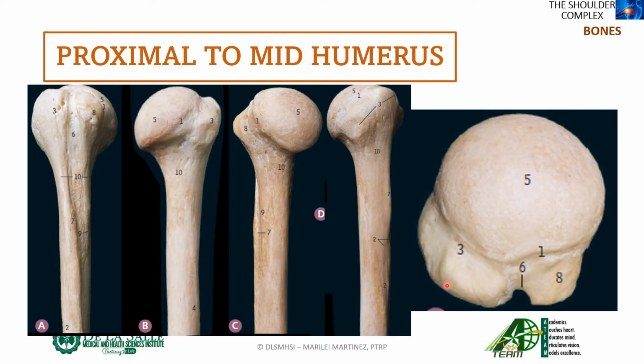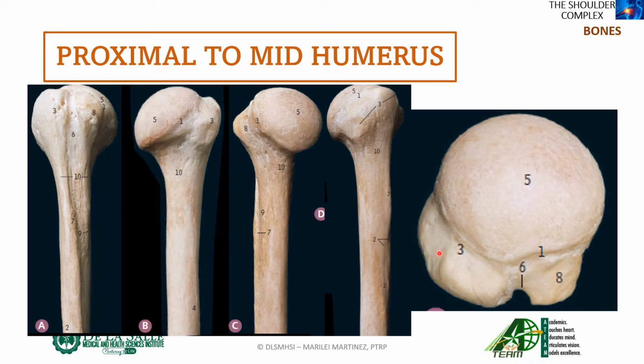If we look at the superior view of the humerus, this is the humeral head, this is the bicipital groove, then this is the lesser tuberosity, and this is the greater tuberosity. If you look closely at the greater tuberosity, we have three facets: the upper facet, the middle facet, and the lower facet.